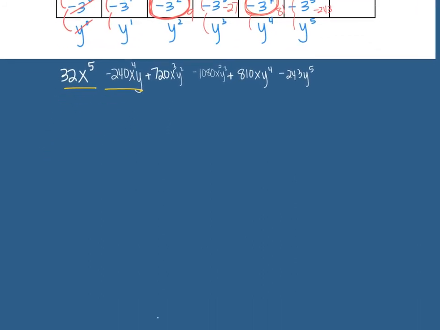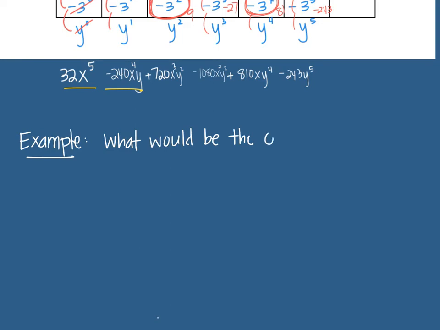Now, you're not always asked to do the whole thing. Sometimes you're just asked to do part of it. So for example, let me give you a question. Something like, what would be the, say, 6th term in the following expansion, x minus 5 to the 9th.